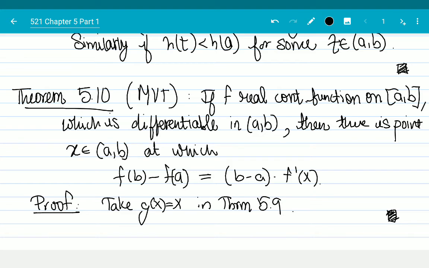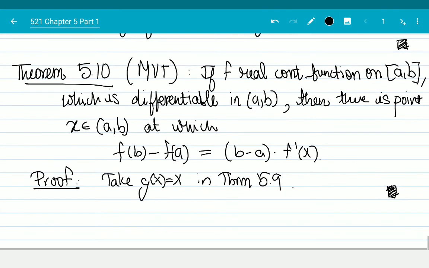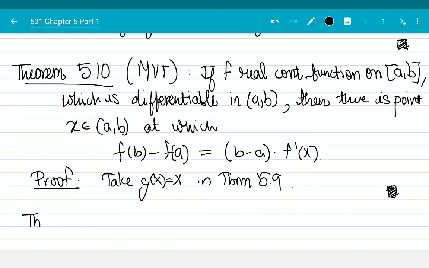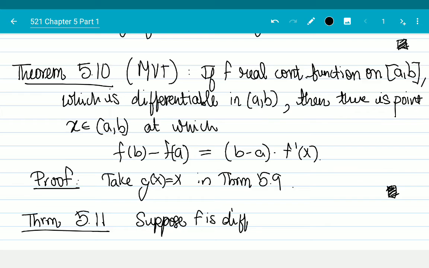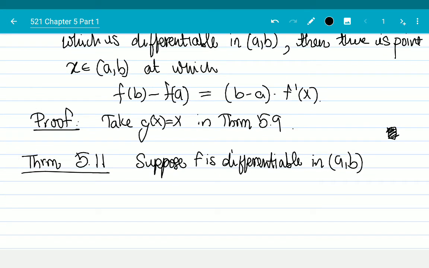One final result, and we'll finish off the section. Theorem 5.11. Suppose f is differentiable in (a,b), which is to say at every single point in (a,b).